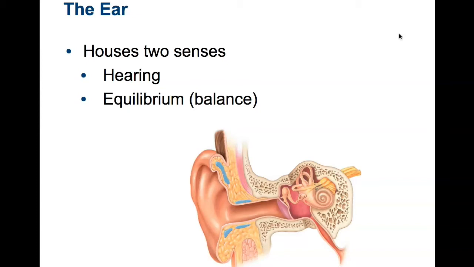We're even going to see how, if music is too loud or the bass is too low, you can actually get sick from those sounds. We're going to be looking at that tomorrow. But again, the two senses that you're going to find in the ear are obviously hearing, but also equilibrium: how we keep our balance, how we understand when we're upright or upside down.